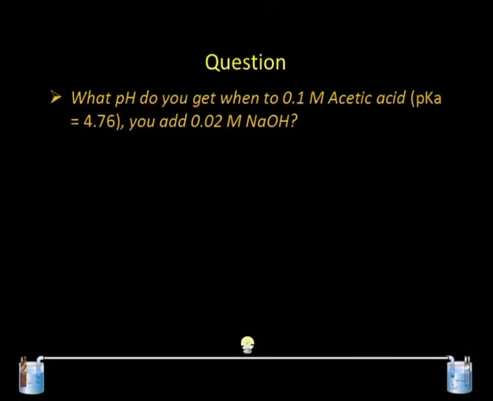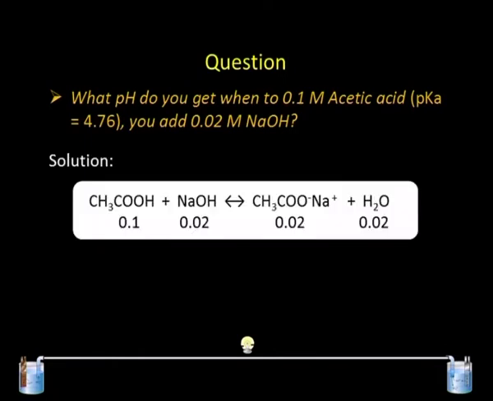What pH do you get when to 0.1 molar acetic acid, that is 4.76 pKa, you add 0.02 molar NaOH? The reaction is, we are taking acetic acid, CH3COOH, which is reacting with NaOH to give sodium acetate and water.